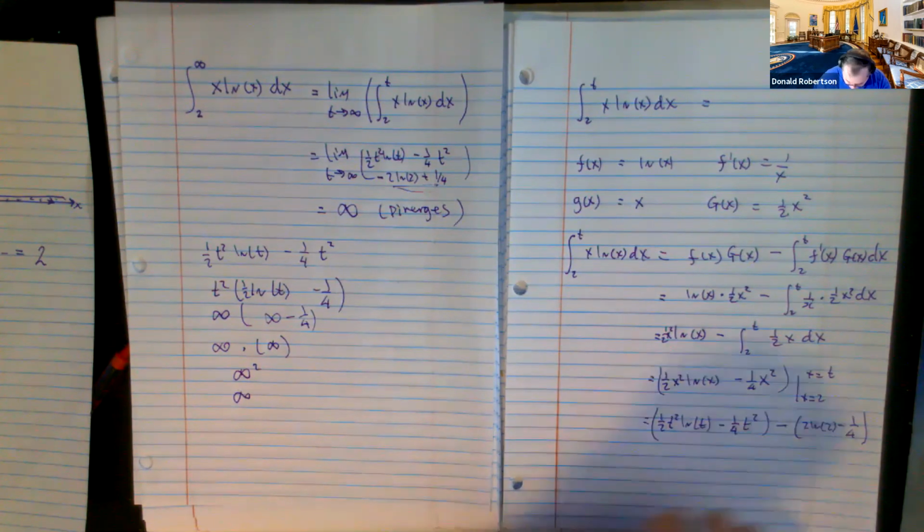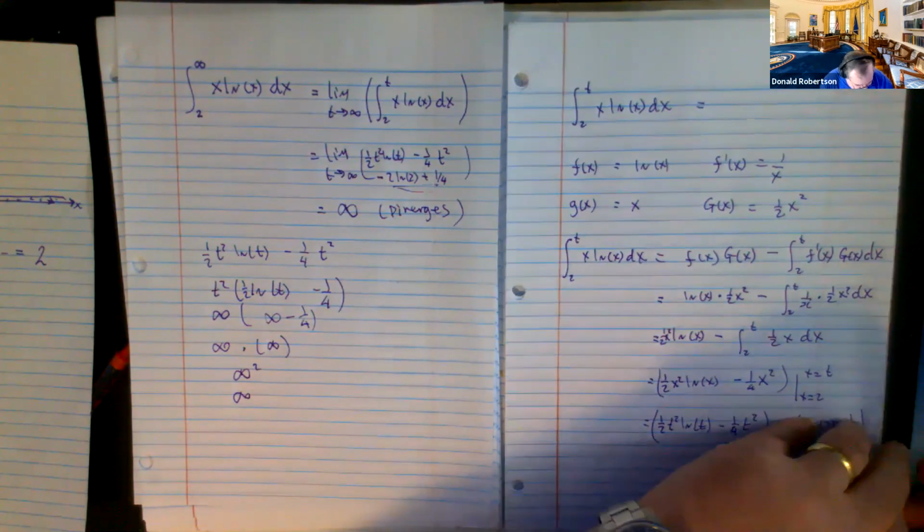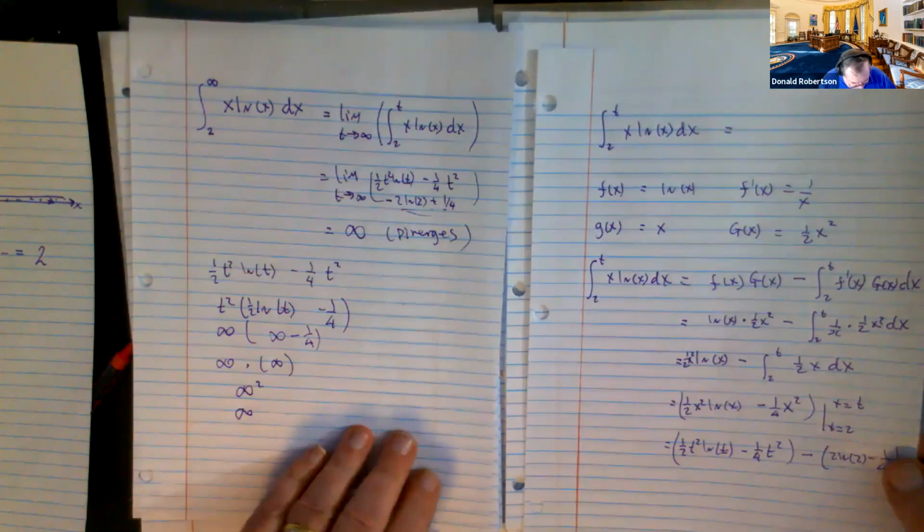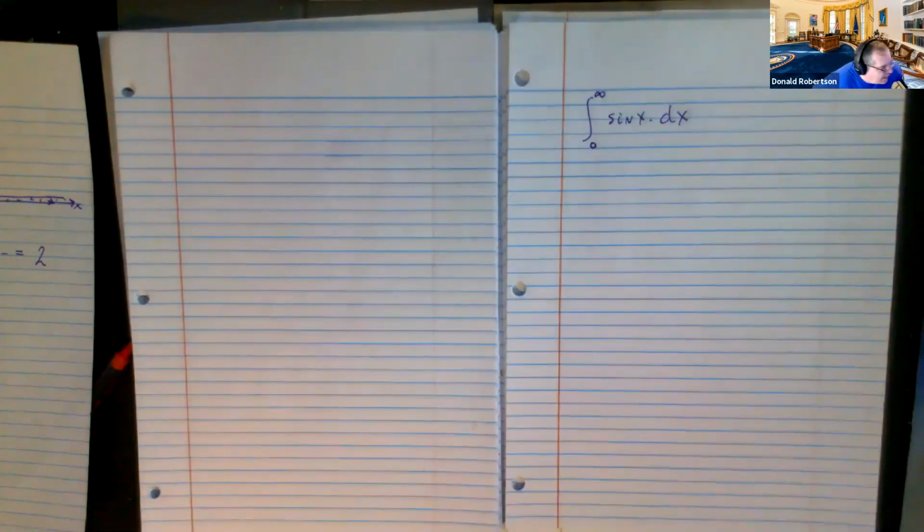Okay. For the 10 minutes that we've got left, I want to show you some weird ones. I would like to do the answer to this one. And I'm not going to do this using any integration techniques at all, although I guess I could try.